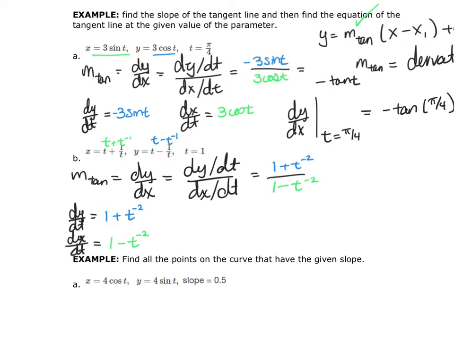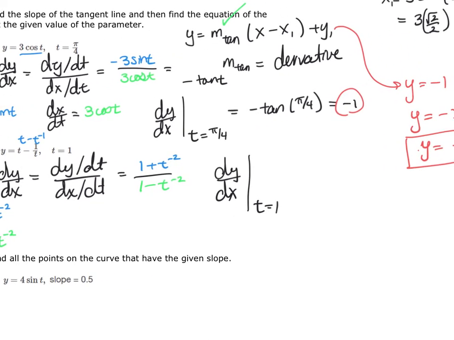Now when I go to evaluate this, my dy/dx evaluated at t equal to 1, what I'm going to get is 2 in the numerator and 0 in the denominator. If we were in the land of functions, we'd say, oh, well, we know that there's a vertical tangent there, and we would stop.